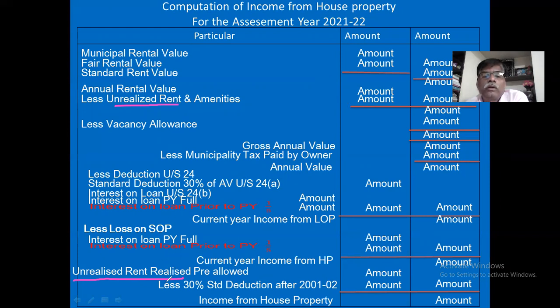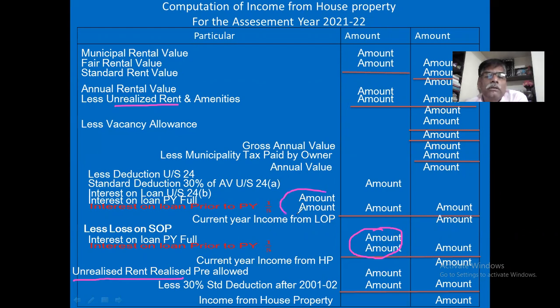These two points you remember. And regarding this amount, maximum 2 lakh rupees if construction is completed after 1-4-1999. Before that, you have to take 30,000 maximum. This is the point you remember.